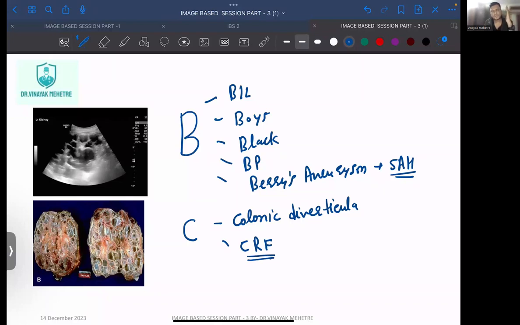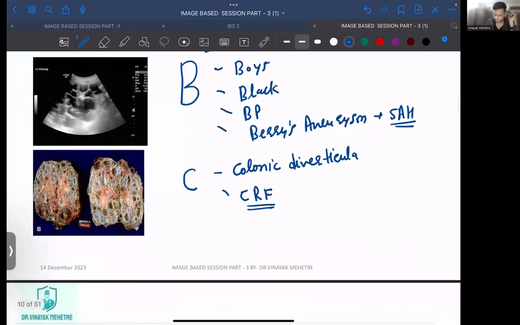Most common extra renal organ involved in polycystic kidney disease. Can anybody tell? Yes, it is going to be liver.